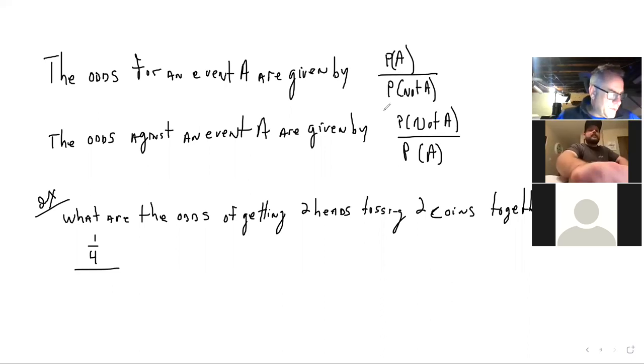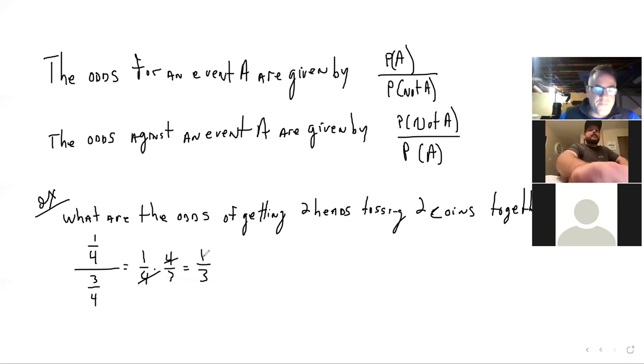Then the probability of not getting two heads was 3/4. There were 3 ways that could occur. And remember with complex fractions, flip this, multiply. So it's 1/4 times 4/3. The 4's cancel. So I get 1/3. So what are your odds of getting two heads when tossing two coins together? It's 1/3.